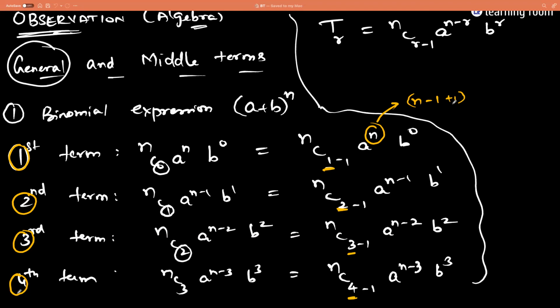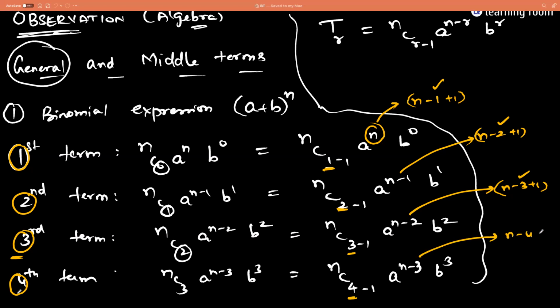Can I say this is n minus 2 plus 1? Can I say this as n minus 3 plus 1? So what do these 1, 2, 3 represent? It represents the term number. So what will this n minus 4 be? N minus 4 plus 1. Then what should I write here? n minus r plus 1. And what should I correct here?